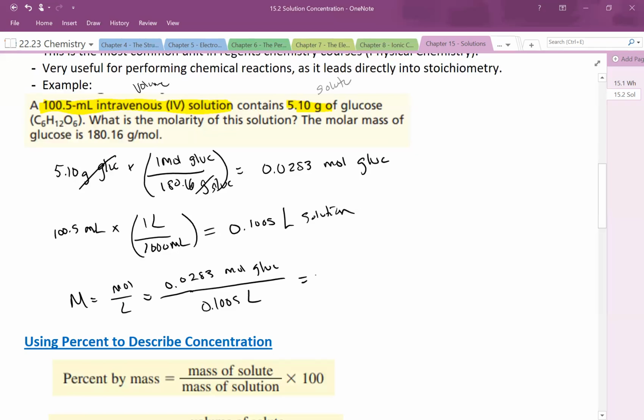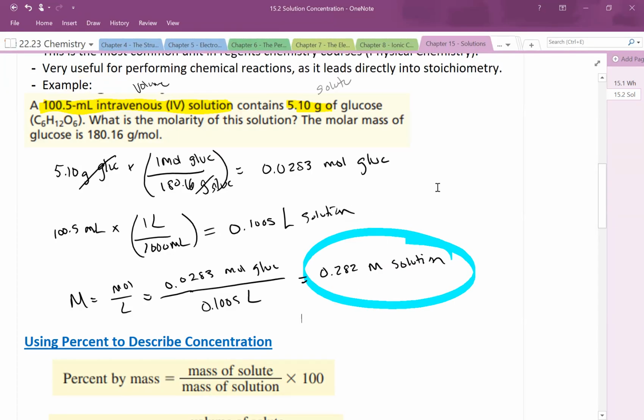I do that math out, and I'm going to get 0.282 molar solution. And that's my answer there. So make sure you can follow the math that I did there, but this is almost partially a review. It's just using units and fractional multiplication to get to moles and liters, and then just dividing them, setting them in a ratio.